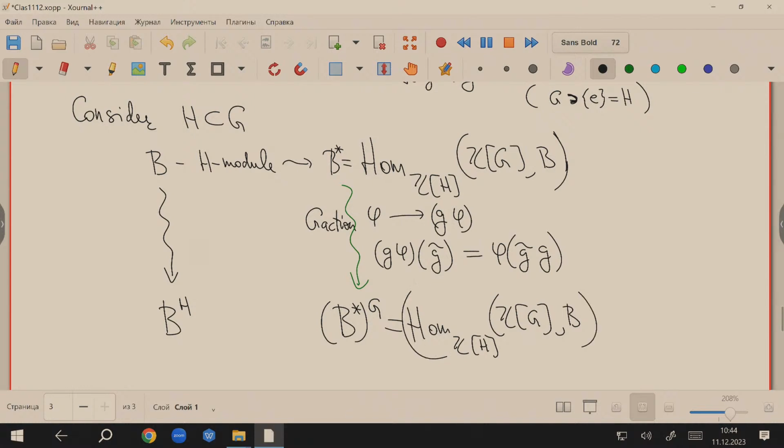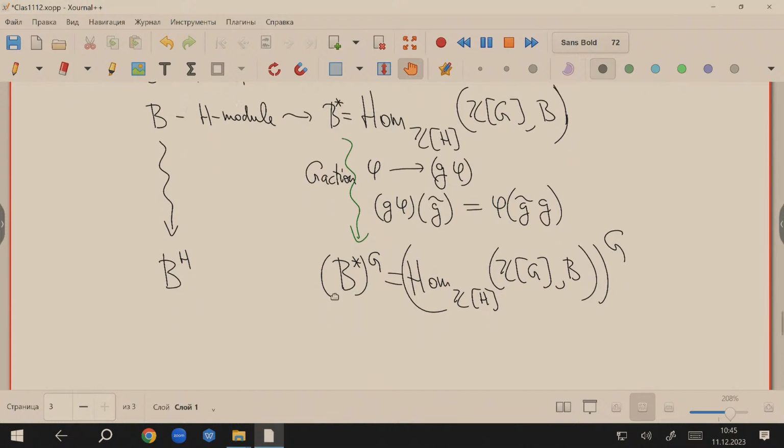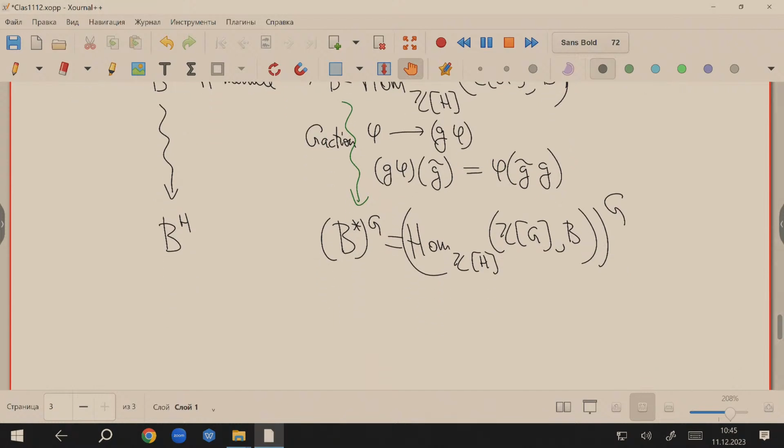You are taking G invariants here, and the claim is that B maps to this kind of thing, and this is just an isomorphism.